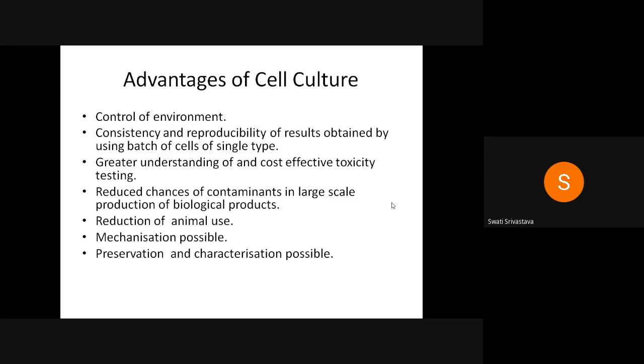So, if there is any contamination, if there is a bacterial or microbial outgrowth, then the animal cell will definitely be short of nutrient supply and it will die off. The production process will stop. So if you do it in a culture process, if the environment is controlled, then these kinds of contaminants will also be eliminated.